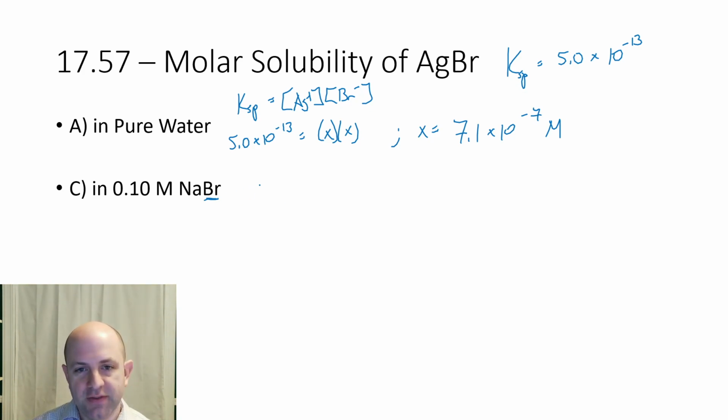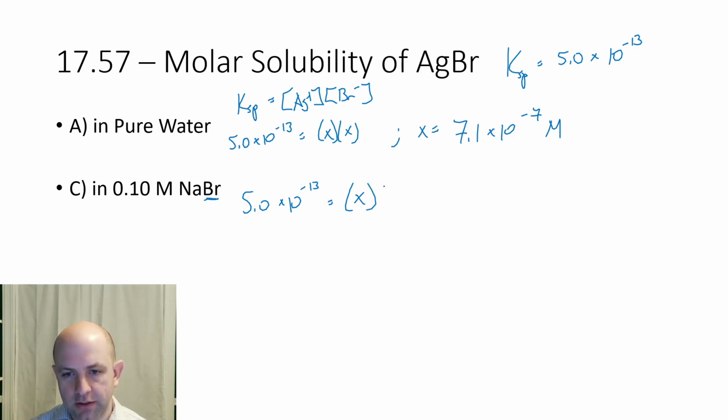But now for C, this is where we get into the common ion effect. It'll still be the same Ksp, 5.0 times 10 to the negative 13th. The silver concentration is still going to be x, but because I'm starting with 0.1 molar bromide, the bromide concentration is going to be 0.10 plus x. So, okay, we can multiply this through, get a quadratic and solve, or we can say, wait a minute.